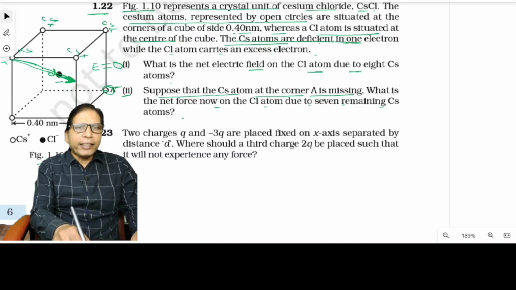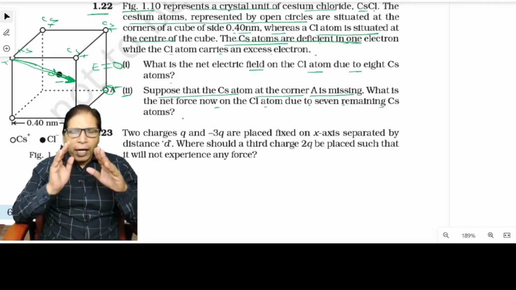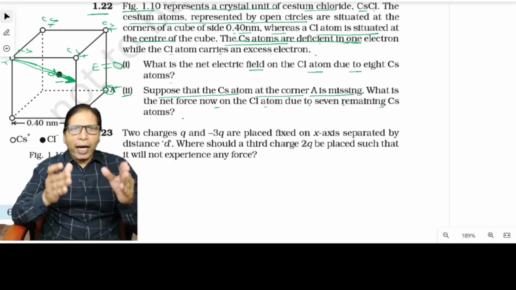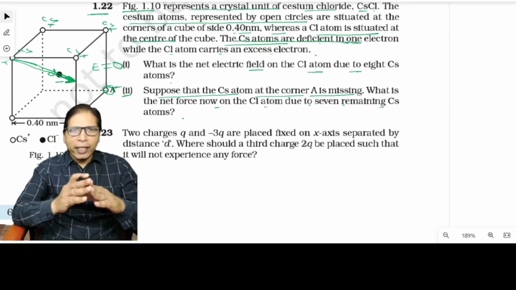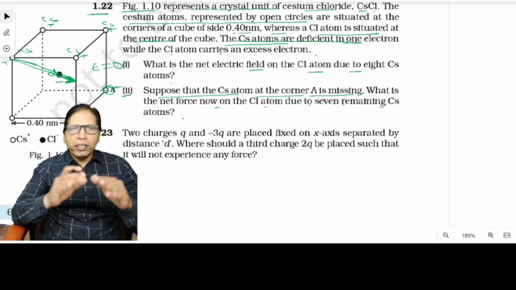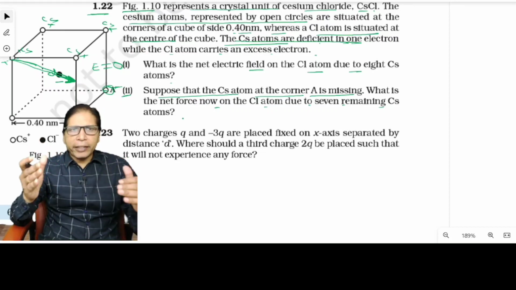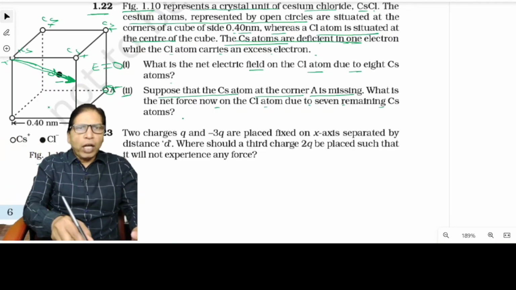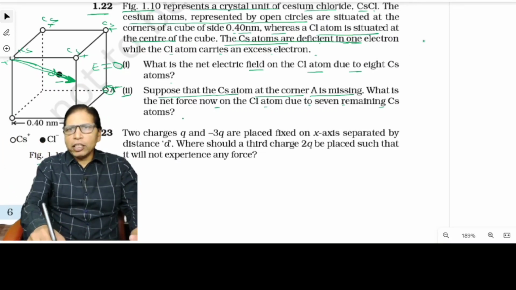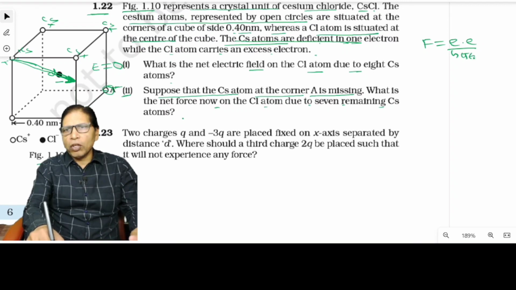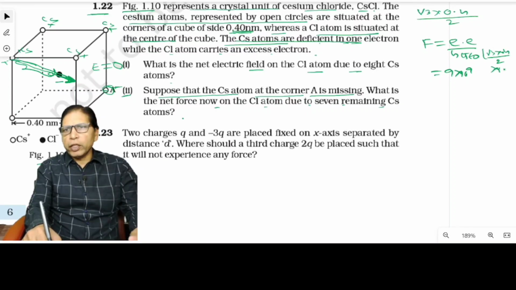The forces exerted by the other Cs atoms cancel one another, as they are situated at diametrically opposite points. So the net force F equals e times e divided by 4 pi epsilon naught times the square of root 3 into 0.4 by 2 into 10 to the power minus 9.